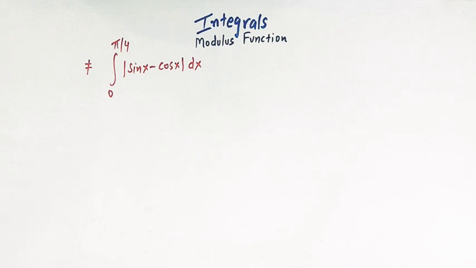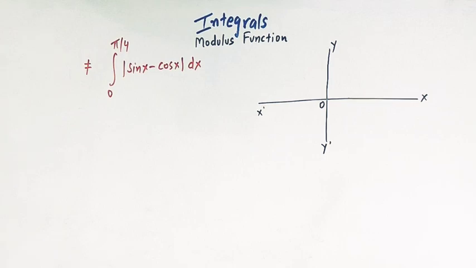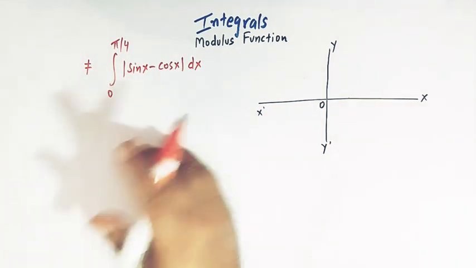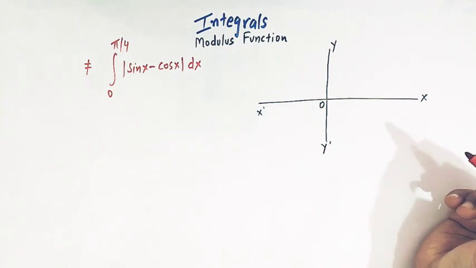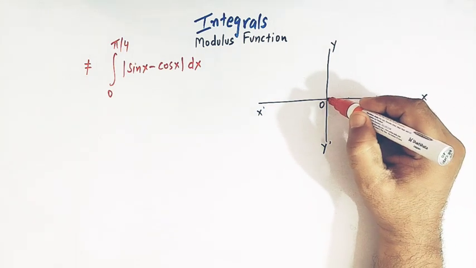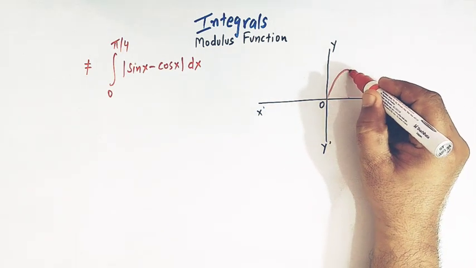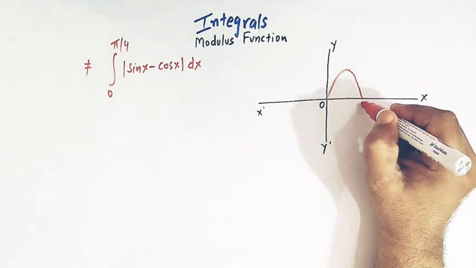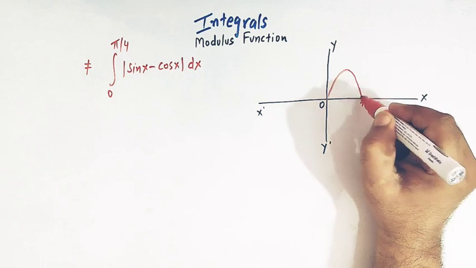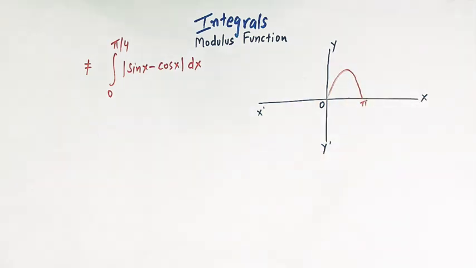So let us start. Now to solve this integral, let us first draw the graph of sine x and cosine x. The graph of sine x goes like this. So here we have 0 and here we have pi. Here we are drawing only the upper half.